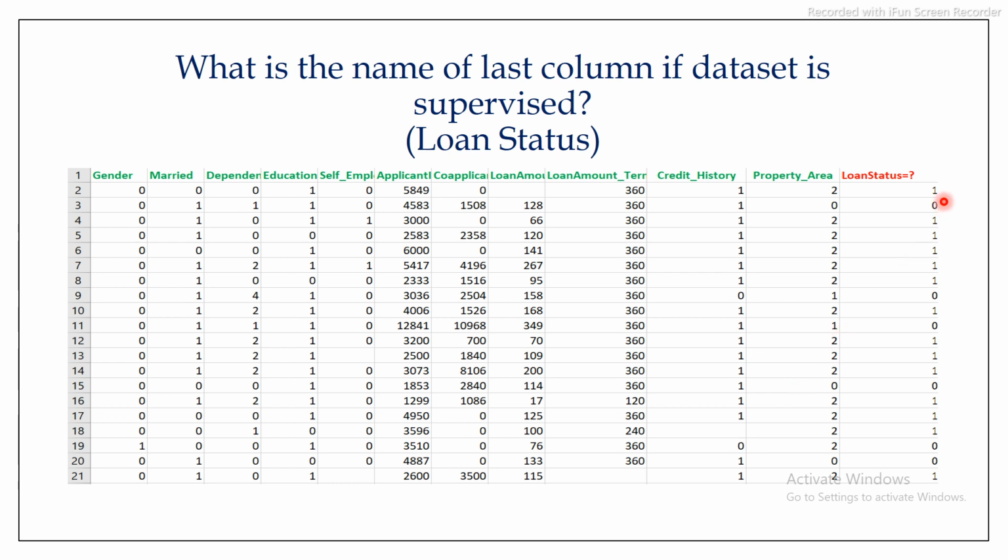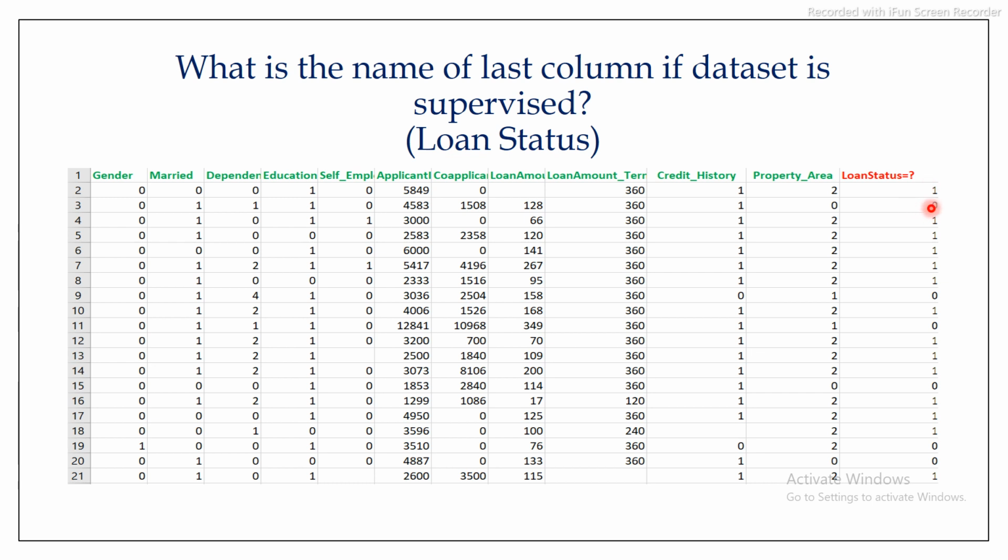Let's say there are 1 and 0 classes. The data is divided into two classes, or two levels, 1 or 0. Let's say a person is female, not married, with dependents or something. If this is the set of properties of person X, then the loan status says whether he will be allowed the loan. 1 means he will be given the loan, and 0 means he or she will not be given the loan.